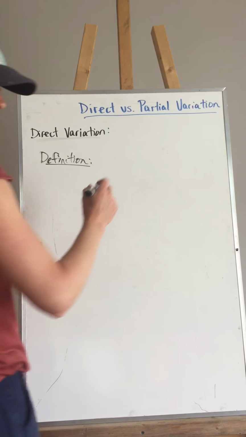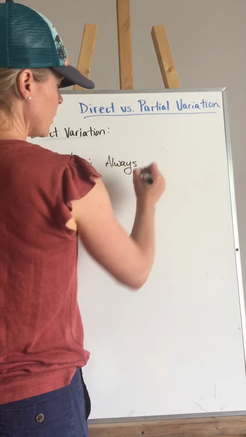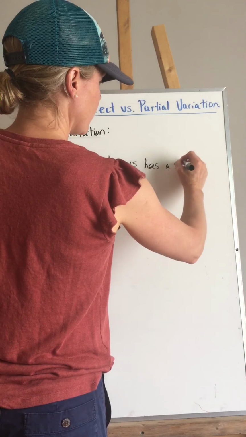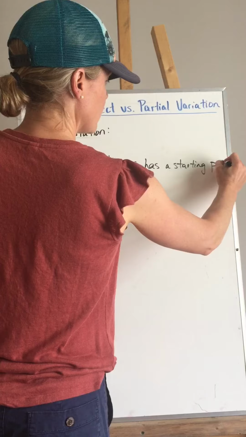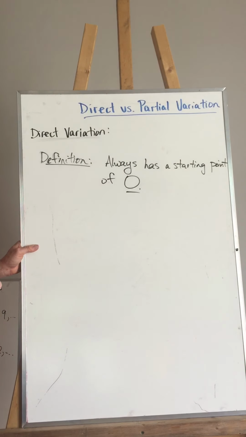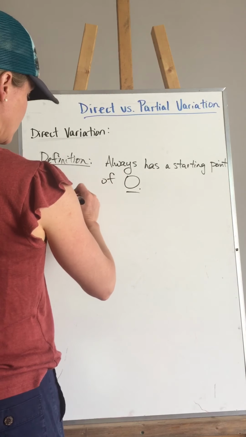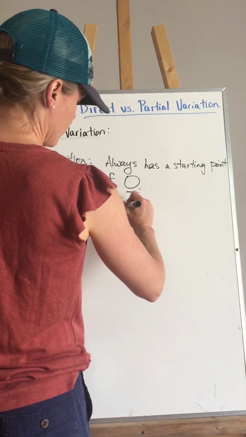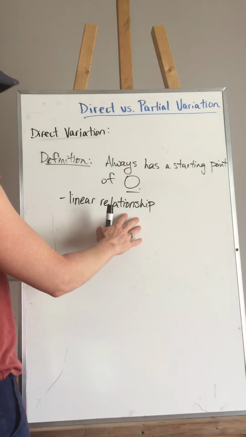Okay, so the definition is that direct variation always, so this is on that first sheet of the handout, always has a starting point of 0. Okay, so that's kind of the key thing right there. In direct variation, it's a linear relationship. Okay, so this year, grade 9, we cover linear relationships.